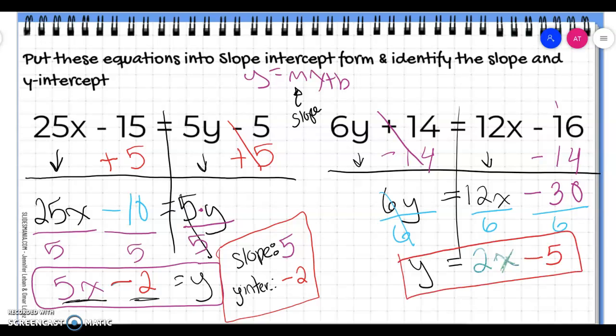So there is my slope-intercept form, my equation. Now I need to see what my slope is, which is always attached to an x, which is 2. And my y-intercept is a negative 5.